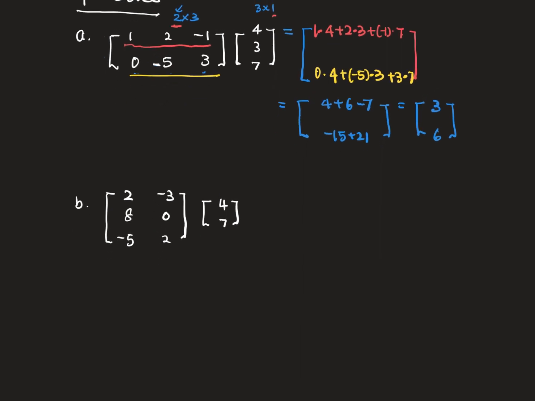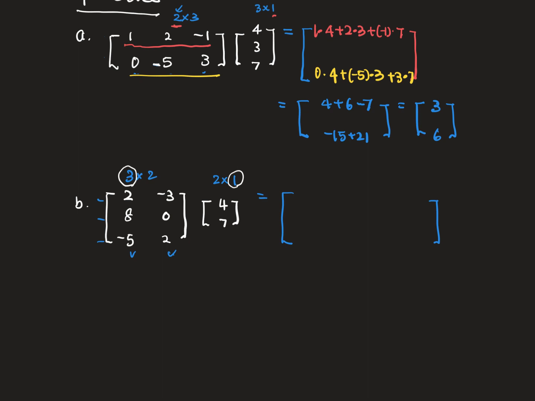Let's try one more time, guys. Here, what is the size of A? 1, 2, 3, 3 rows. What are the columns? 1, 2, 2. What is the column vector? 2 times 1. So what is the outcome size of the matrix product here? 3 times 1.